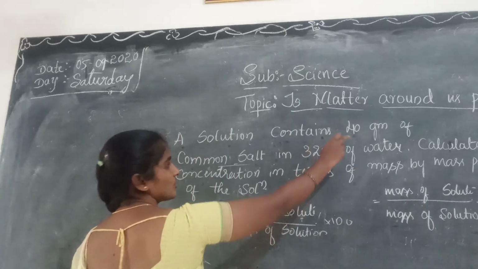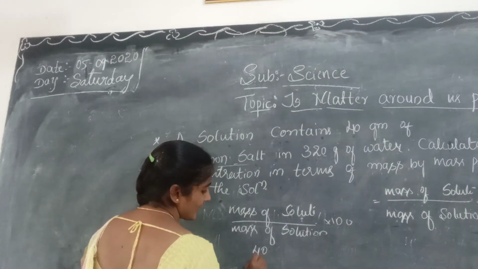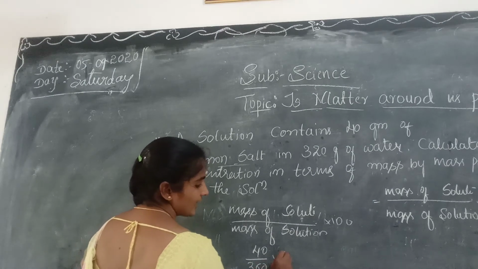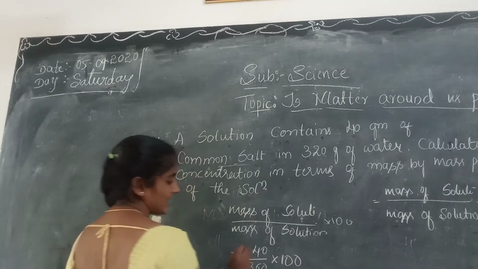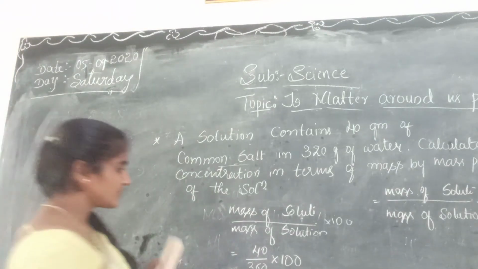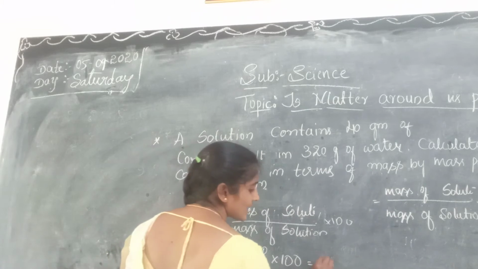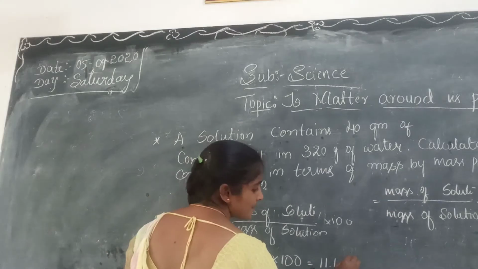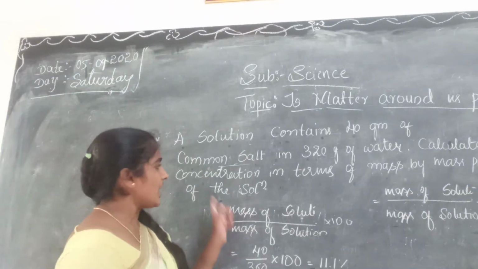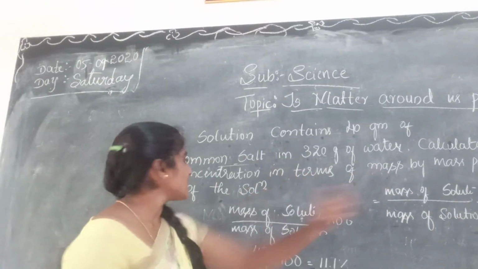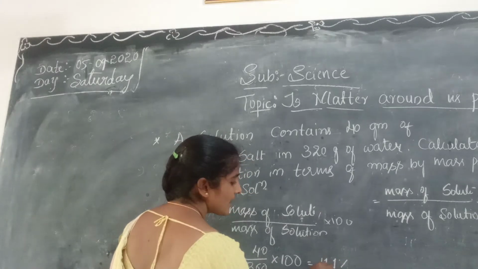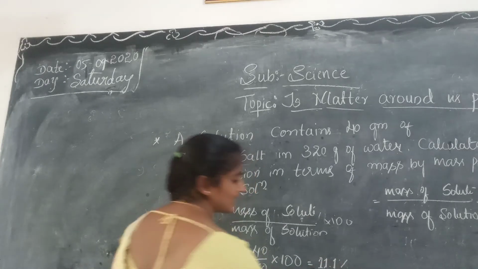Here the mass of solute is 400 divided by 360 into 100. The final answer is 11.1%. The mass by mass percentage of the solution is 11.1%.